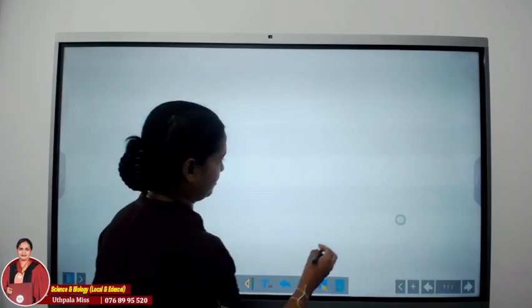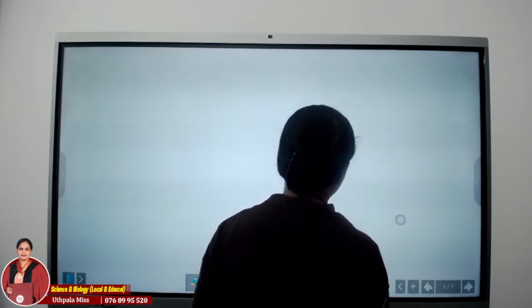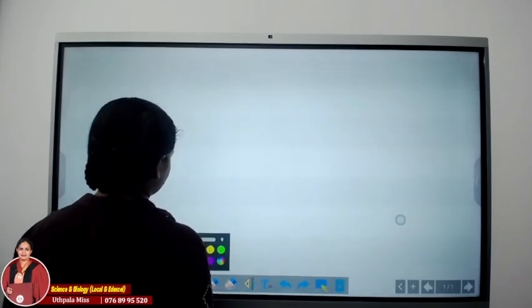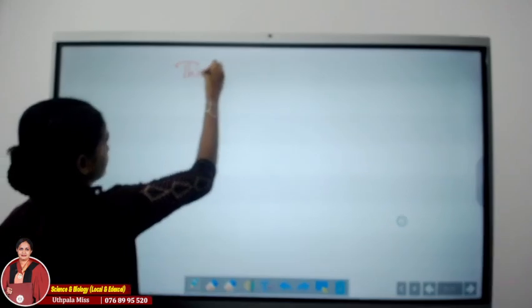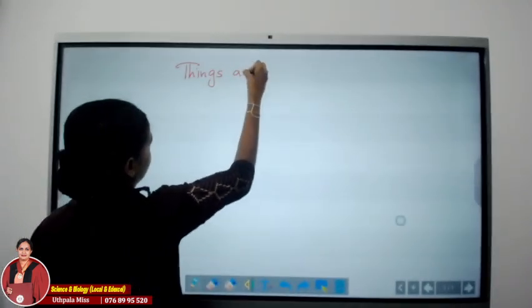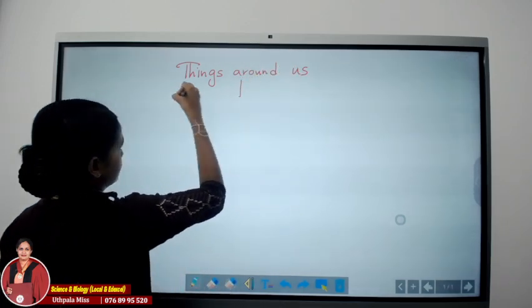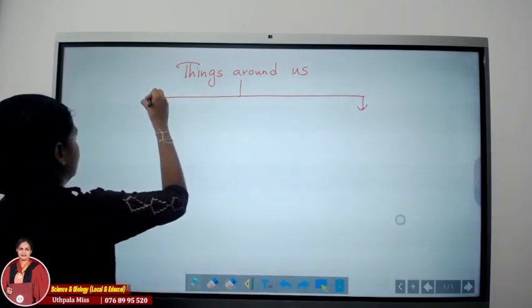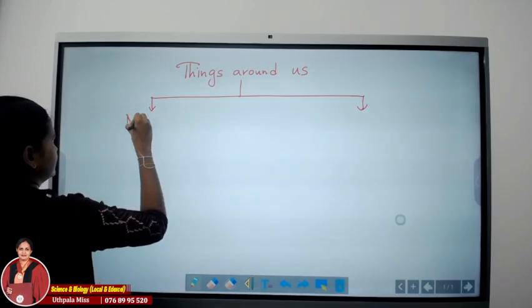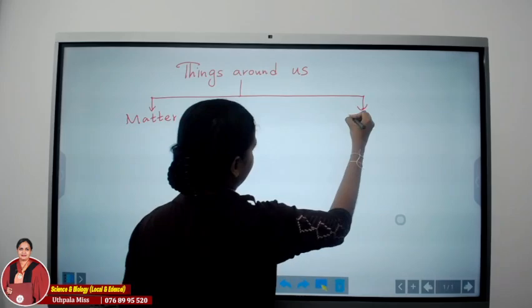So yes, Kemith told about matter, that almost all the substances are made out of matter, right? Things around us can be divided into two main categories, right? As Kemith and Shamla told, one type is matter and the other is energy, matter and energy.